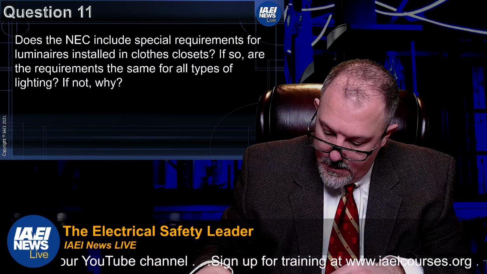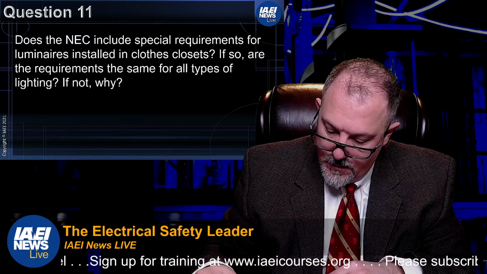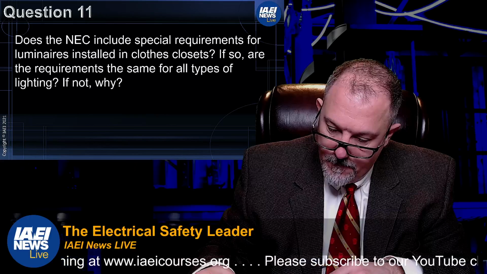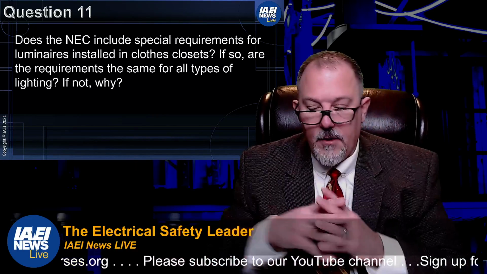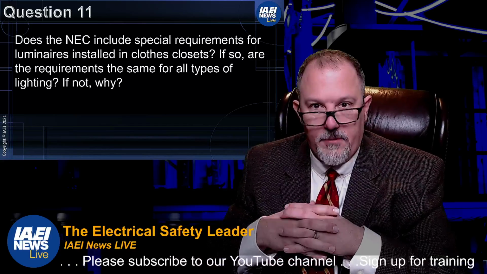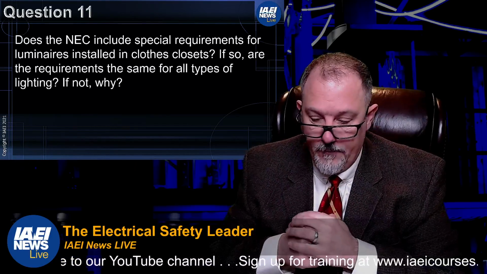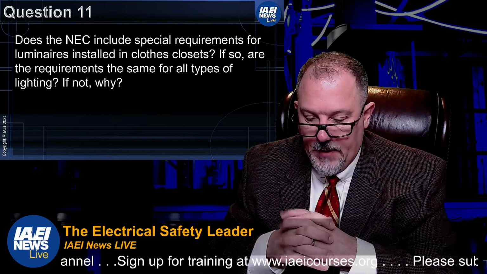And there is a figure 410.2 in the code. Because closed closet storage space is defined. That's an important piece of the puzzle. The definition of a closed closet storage space, because why?